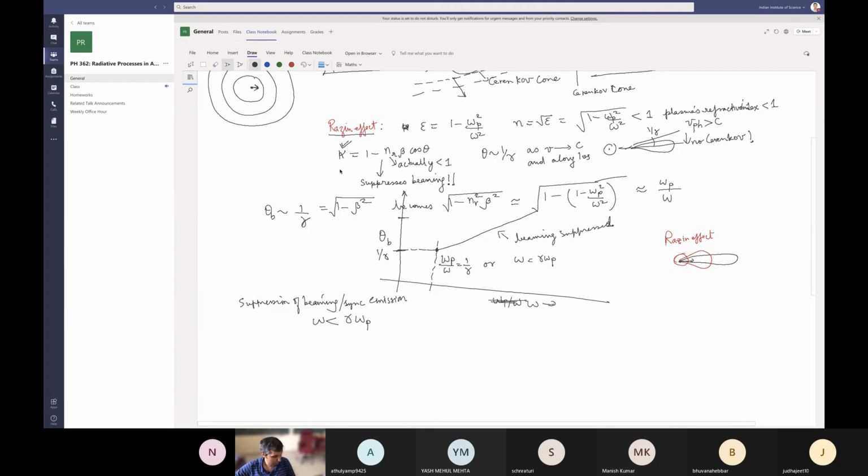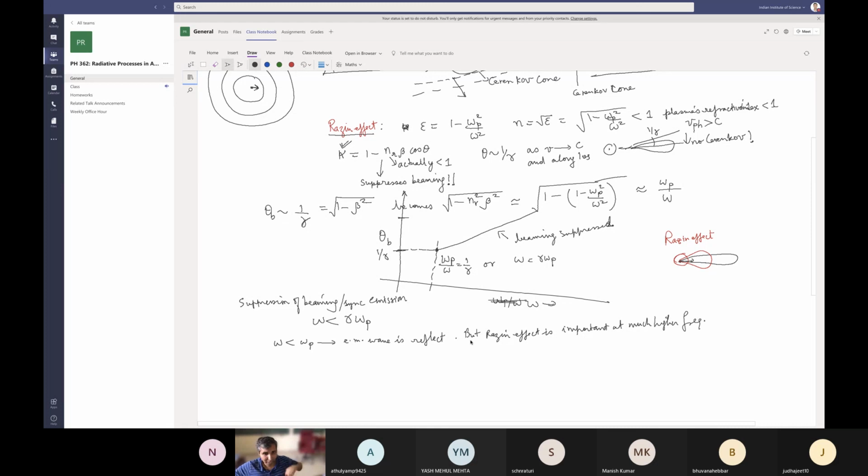The other thing we note is that for omega less than omega_p, the EM wave is reflected. When the wave frequency becomes smaller than the plasma frequency, there is reflection, but the Razin effect is important at much higher frequencies.